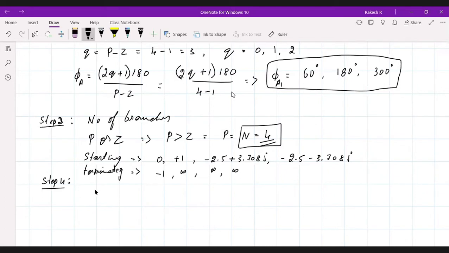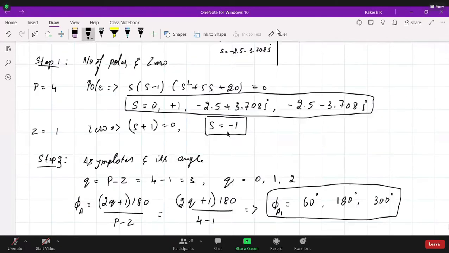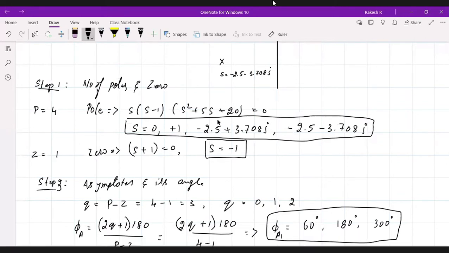The next step is to find out the centroid. What is the formula to find the centroid? It is the summation of real parts of poles minus the summation of real parts of zeros, divided by the number of poles minus the number of zeros, right? Here, the summation of real parts of poles: we have 0, 1, and here the real part is only minus 2.5, similarly here also this is the only real part.